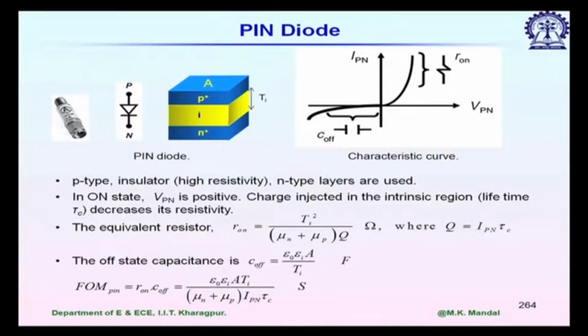So, we have to decrease insertion loss and increase isolation, and we use a parameter we call the figure of merit for switches. It is given by R on into C off. We can calculate it theoretically, roughly, from the given dimensions.